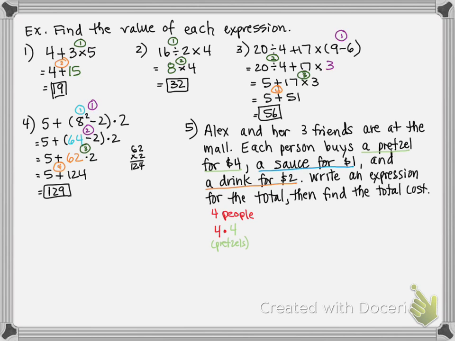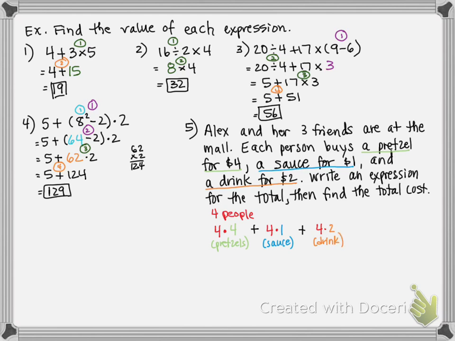Then we have 4 people, each buying a sauce, and each sauce is $1. And then each person, so 4 people, are going to buy a drink at $2 each.